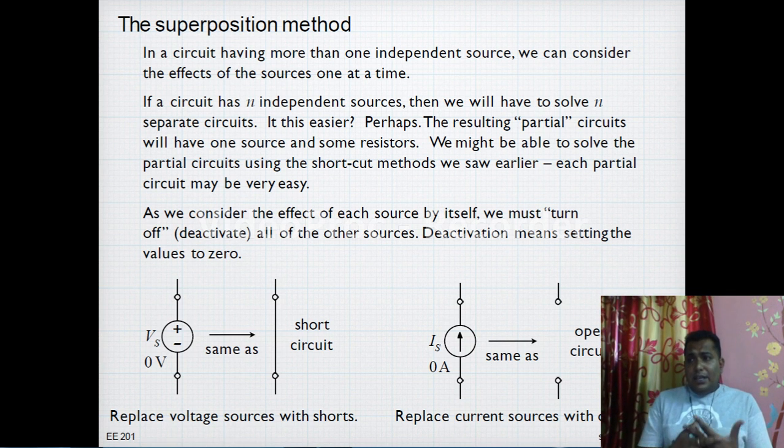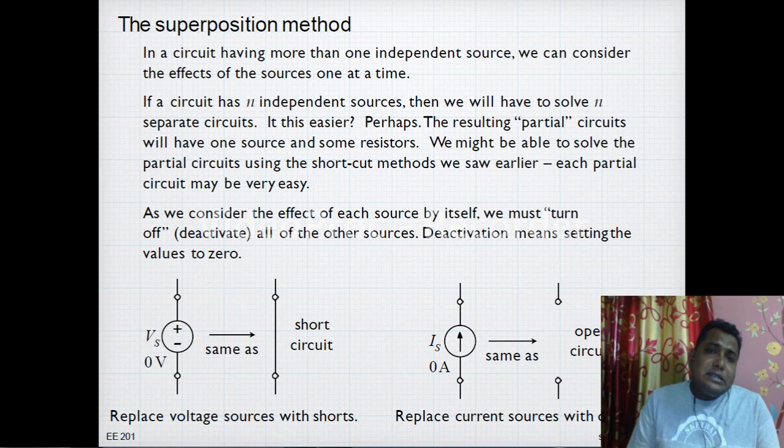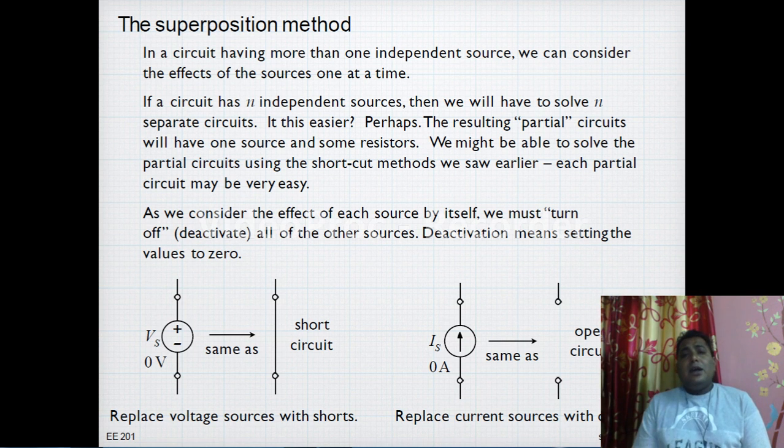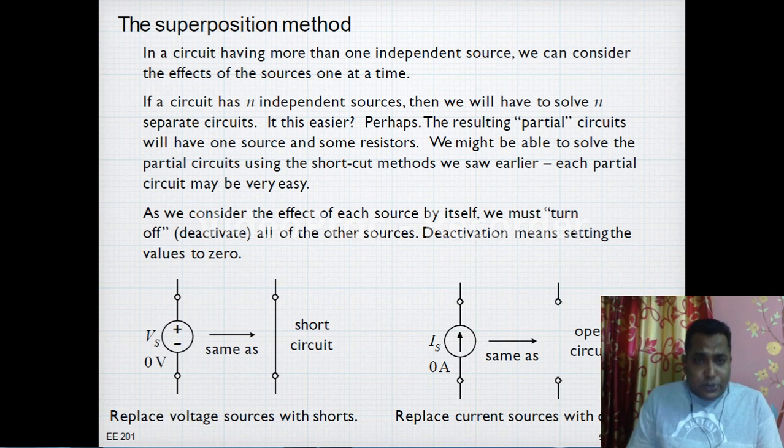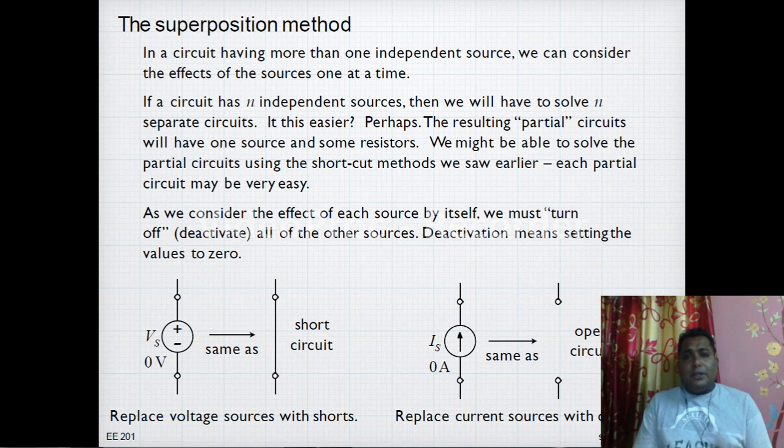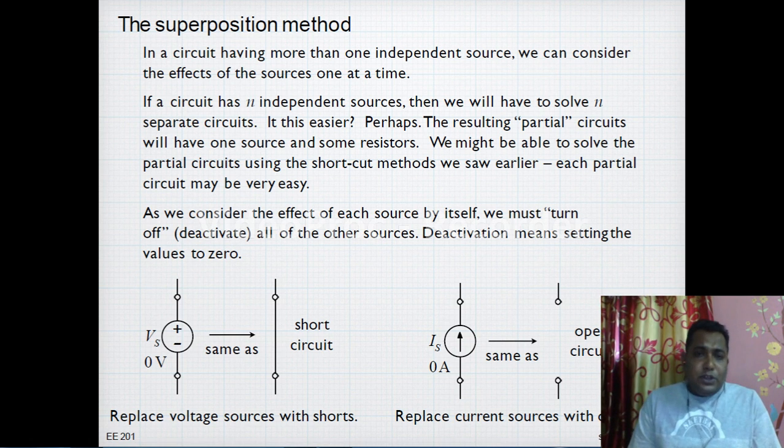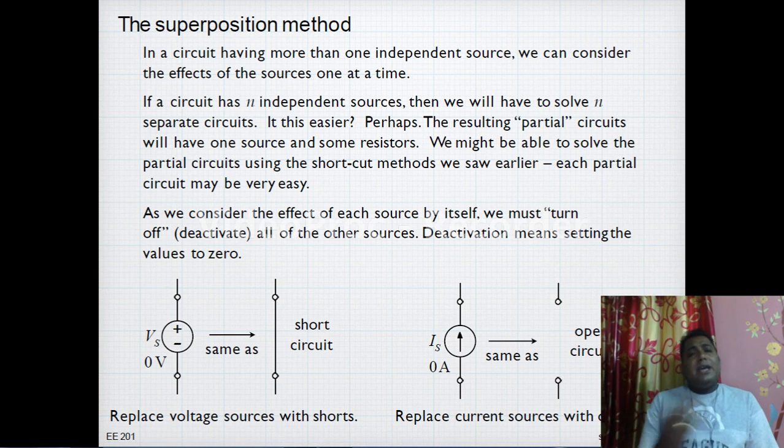Now in the procedure of solution, as per the theorem, whatever the number of sources, at a time we have to consider one source, and for that particular source we have to check the current flowing through each branch. If we can find the current flowing through each branch, we can find the voltage across each branch, correct?